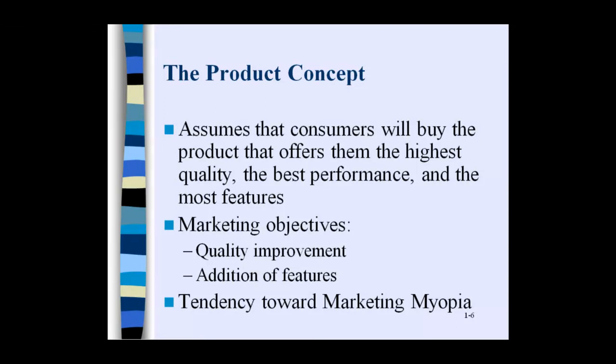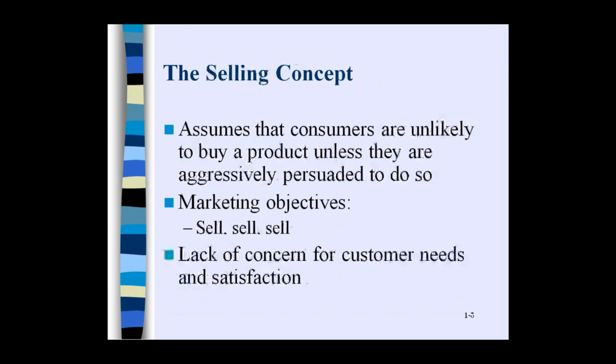We are going to discuss marketing myopia in later chapters, but the product concept has this problem: it focuses on quality improvement and addition of features while forgetting the overall market. It is an introspective approach rather than a full-sighted approach. It is a very narrow approach.